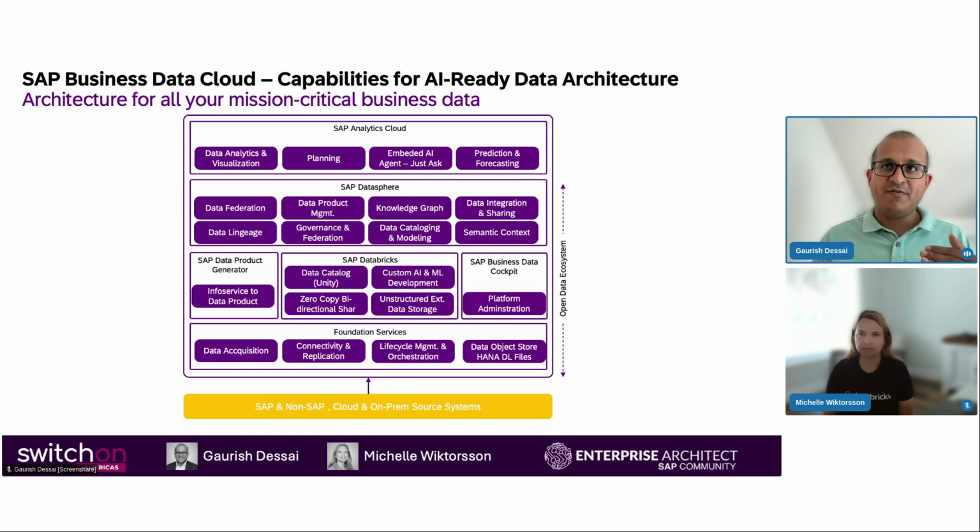Then on top of that, we have the data product generator, which would allow you to create data products from your existing BW assets. And we'll talk about what the data products look like and what they mean in the coming section of the session. Then we have the SAP Databricks component, which is the new partnership with Databricks.